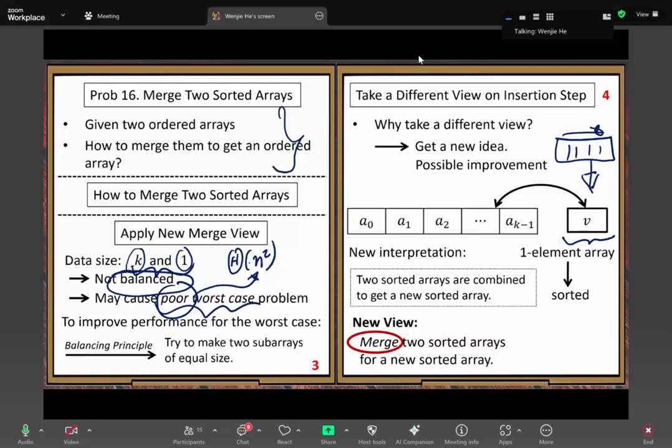We try to make two subarrays of equal size, so we split the given array in the middle. With an even number of elements, the two subarrays have the same size. With an odd number, one has one more element than the other. So not too bad, very close.